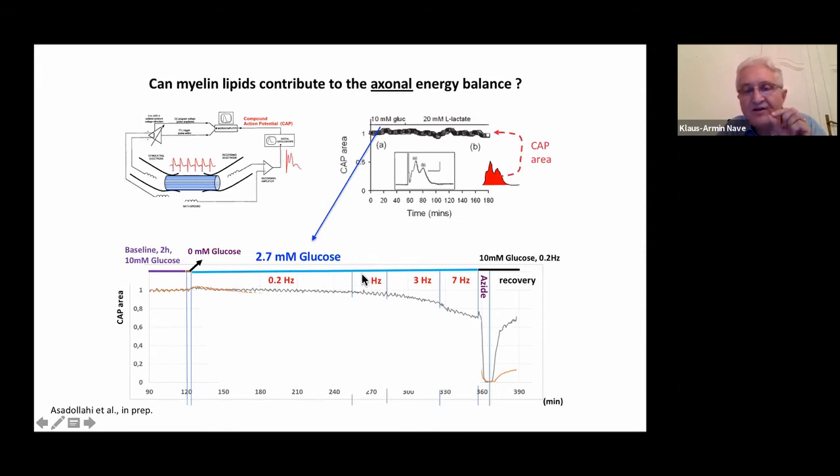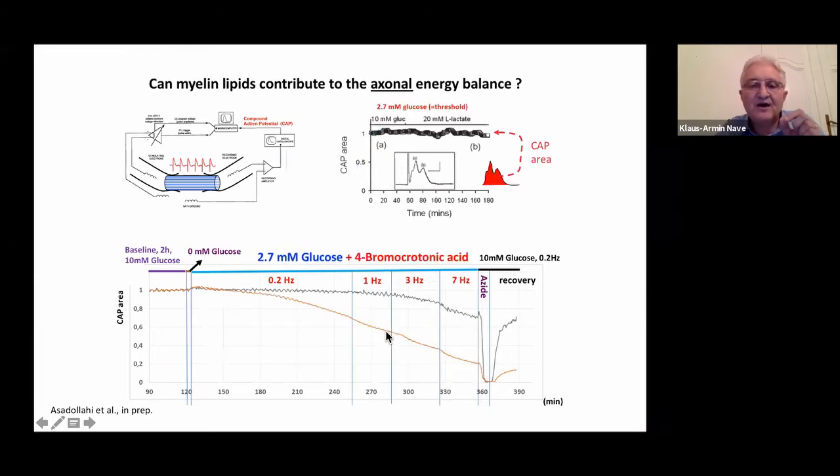Only when you gradually increase the spiking frequency, meaning the energy requirements, to 1 hertz, to 3 hertz, even 7 hertz, now you see a decline of this. Okay, so this is really a borderline situation of functional integrity. And when we do the same thing now in the presence of the fatty acid beta oxidation inhibitor, which you have been introduced to earlier, this bromocrotonic acid, now you see that under those limiting conditions, the decline occurs rapidly.